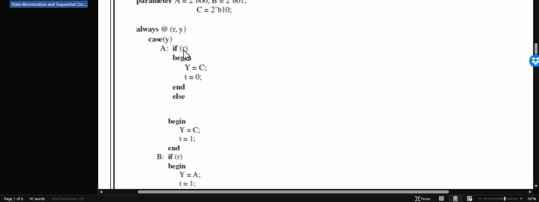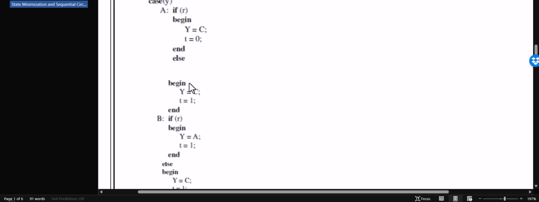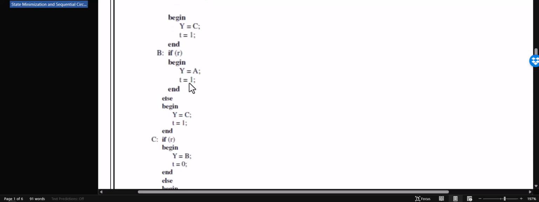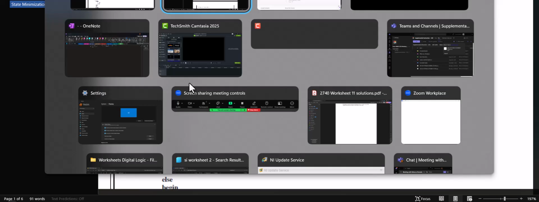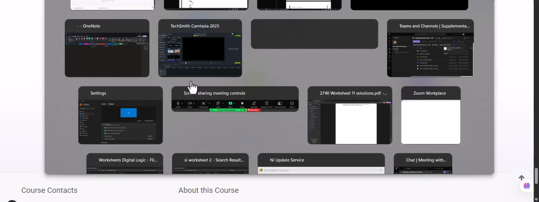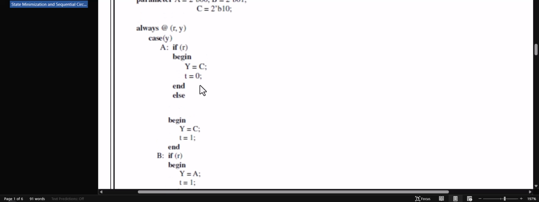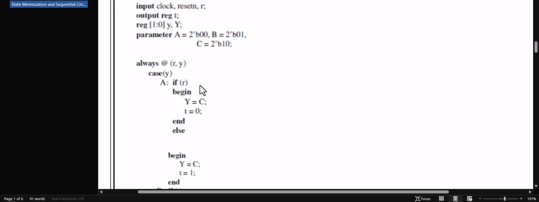T depends on R. So in this example that I gave to y'all, the output depends on the input. In your homework, does the output depend on the input? No. So that means whatever kind of machine we're doing here, your homework is going to be the other kind.